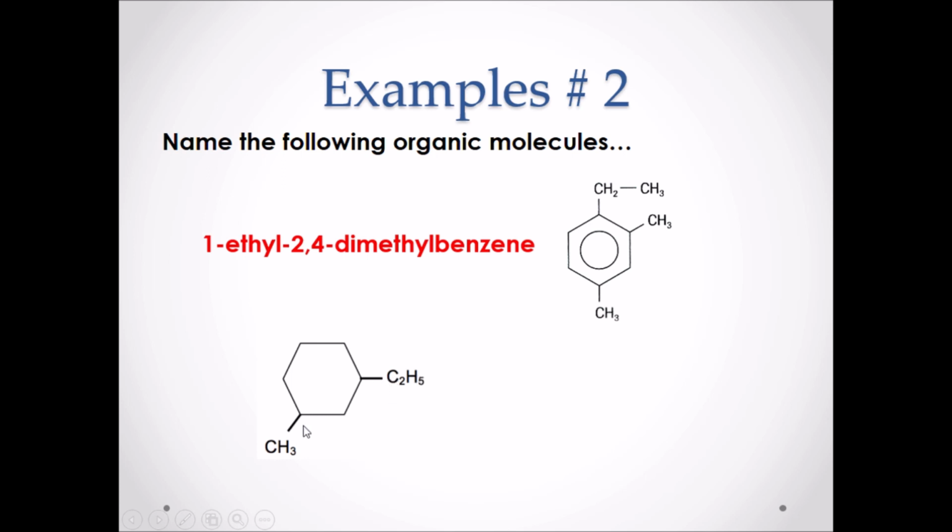Either one of these branches can be given the first carbon, while the other has to be given the third. In our example, we have named the molecule 1-ethyl-3-methyl cyclohexane. Again, note that the 3 and 1 can switch spots because it would still give all branches the lowest possible value.